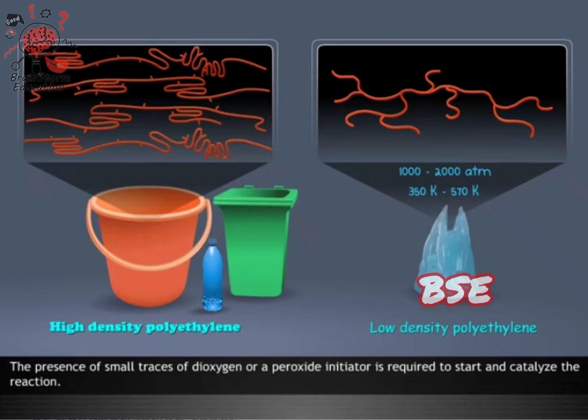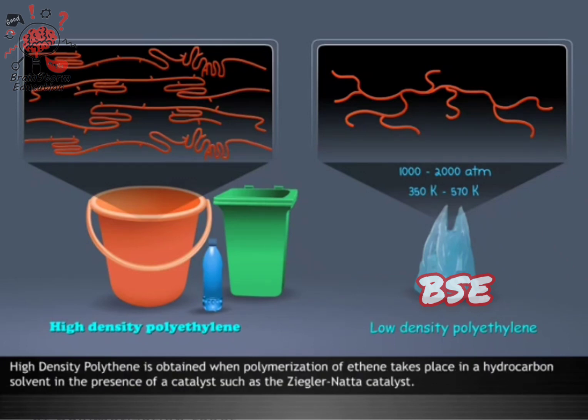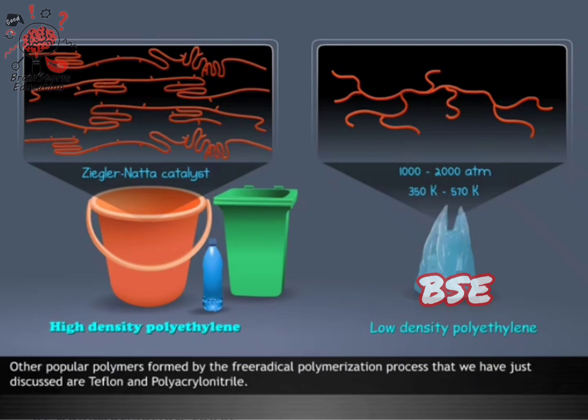The presence of small traces of dioxygen or a peroxide initiator is required to start and catalyze the reaction. High-density polythene is obtained when polymerization of ethene takes place in a hydrocarbon solvent in the presence of a catalyst such as the Ziegler-Natta catalyst. Other popular polymers formed by the free radical polymerization process that we have just discussed are Teflon and polyacrylonitrile.